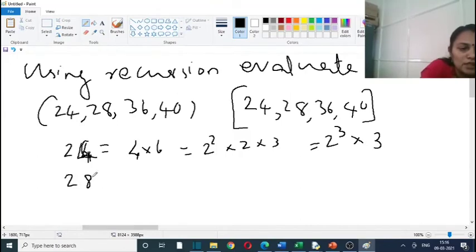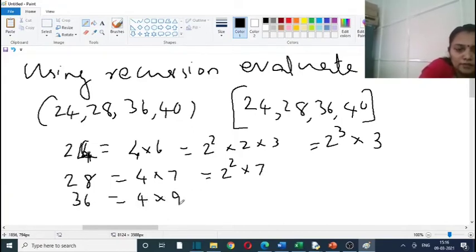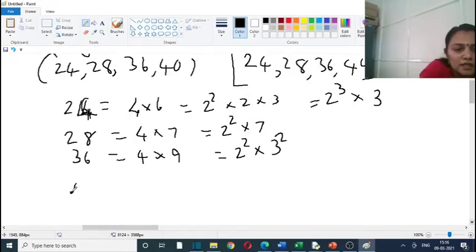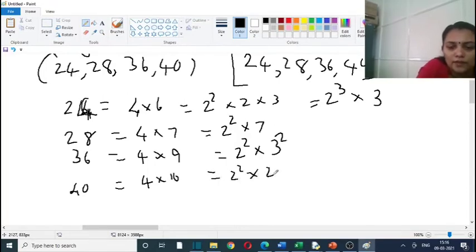Now 28 is equal to 4 into 7, which is equal to 2 square into 7. 36 is equal to 4 into 9, which is equal to 2 square into 3 square. And 40 is equal to 4 into 10, which is equal to 2 square into 2 into 5, which is equal to 2 cube into 5.